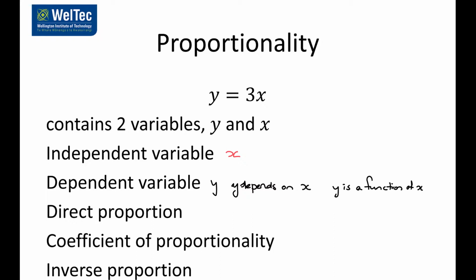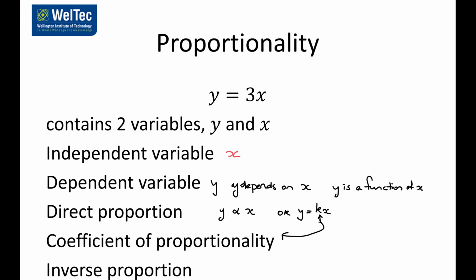There's a direct proportionality there. So we could write that y is proportional to x, or that y is equal to some number k times x, where k is this coefficient of proportionality.